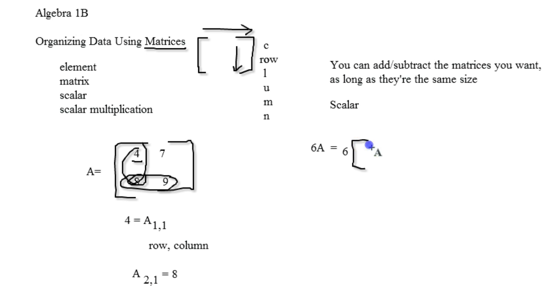Let me see, we got 4, 7, 8, 9. When it's like this, you have to distribute the 6 to everything in there. And so 6A would turn out to look a little bit like this.